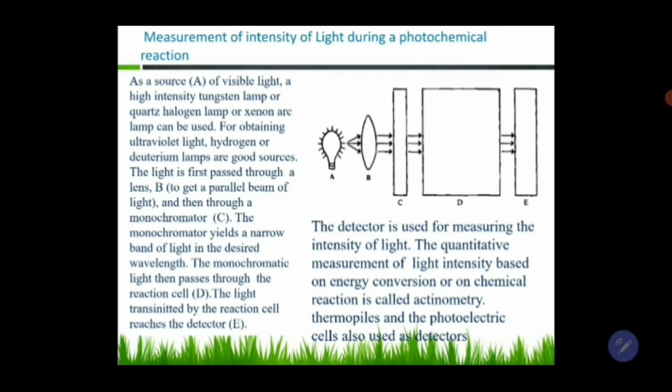The determination of the quantum yield mainly depends on how accurately we get the number of photons absorbed in a unit time, so these detectors are very important. There are three types of detectors: one is the actinometer, the other one is the photoelectric cell, and the thermopile.